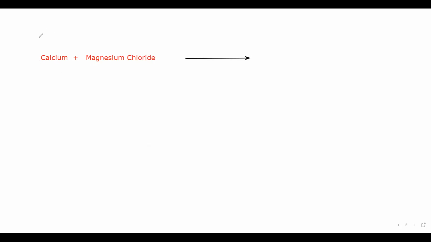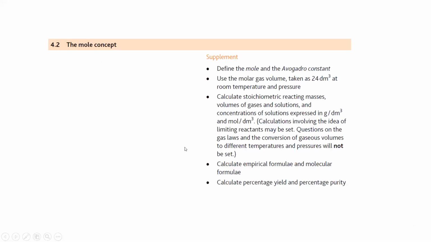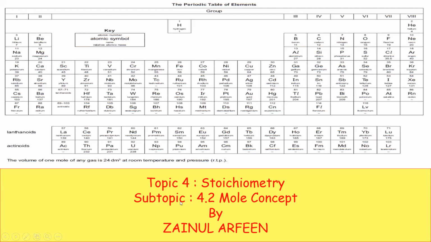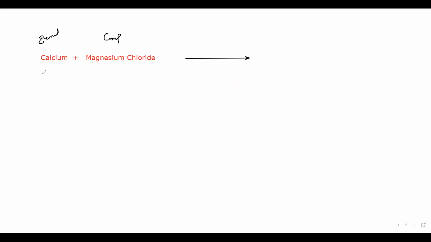Calcium is an element and magnesium chloride is a compound. When we check the periodic table, you can find calcium in group 2. So if it is group 2, it will be a metal. So calcium is a metal here.